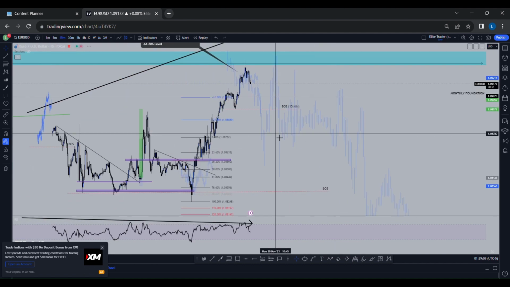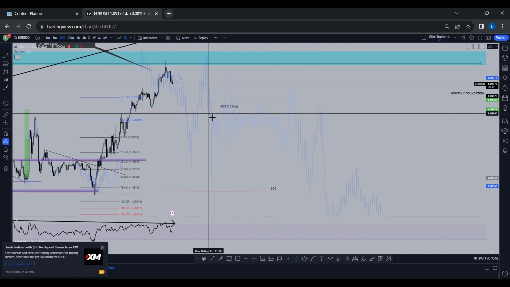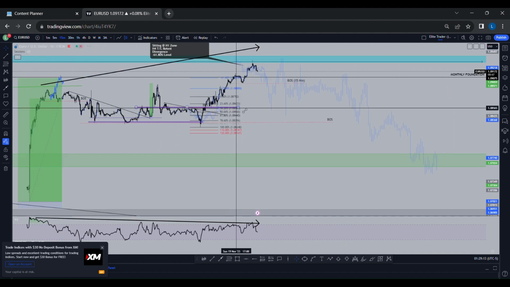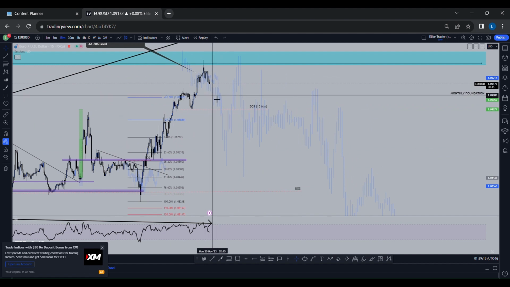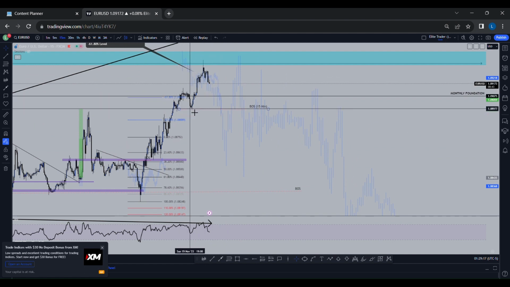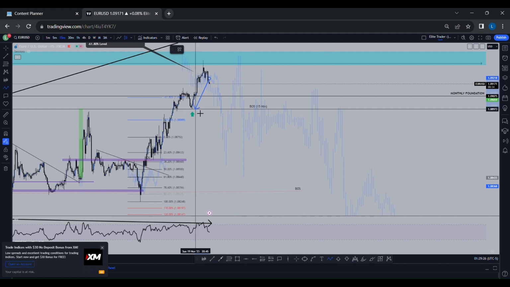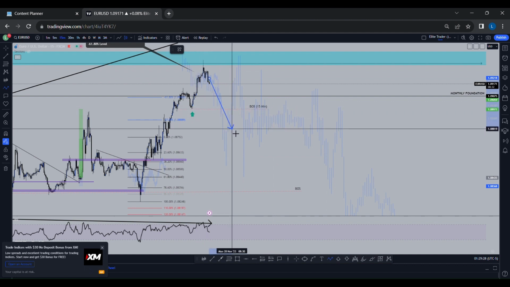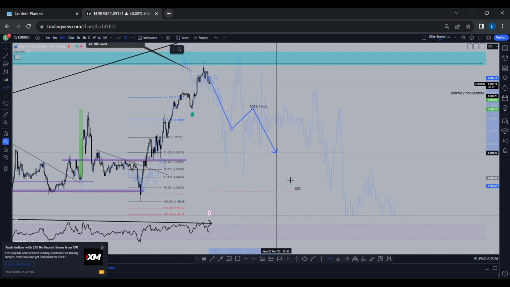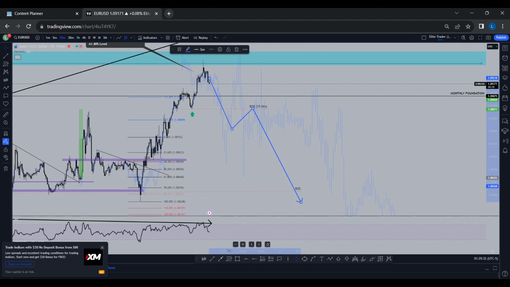However, I'm not willing to take a sell on EURUSD unless we have a break of this higher low. Once I get that break of this higher low, that's when I'll be looking for a retest and a continuation.